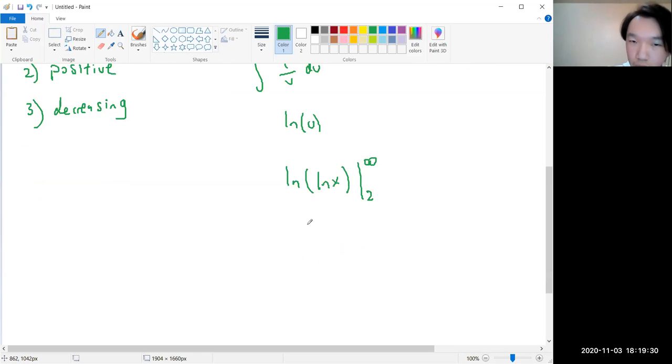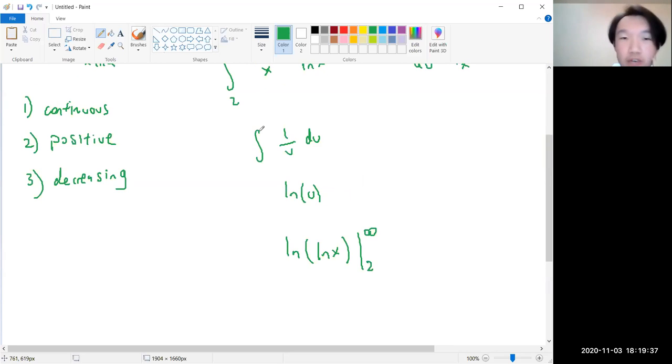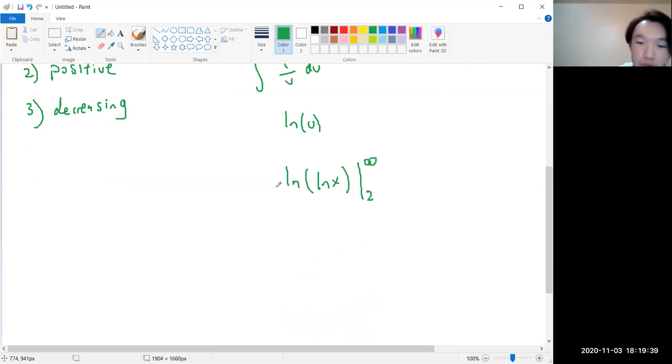So this is technically an improper integral, right? Because the limit is infinity. So what we're supposed to do was let the upper limit be some variable t, and then say limit as t goes to infinity of ln of x.